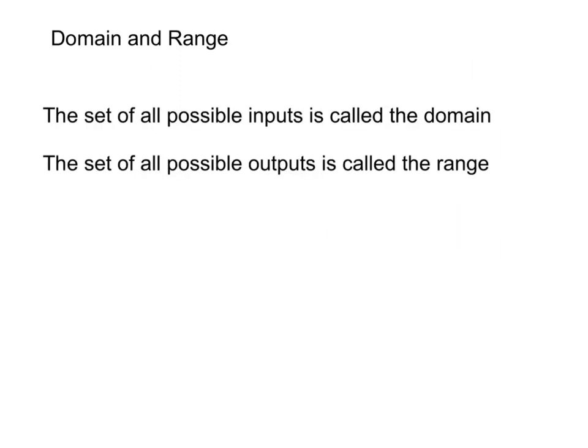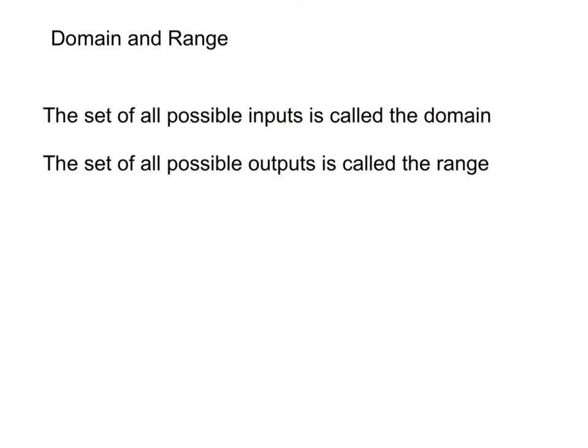There are two more terms. I know I'm giving you a lot of information here, and it may seem super abstract. We're going to do an example after I finish going through all this vocabulary. You also need to know these two words, domain and range. The set of all possible inputs is called the domain.